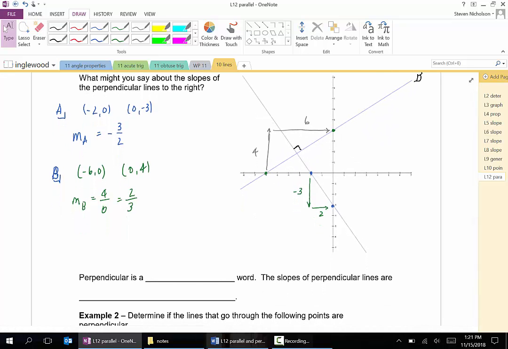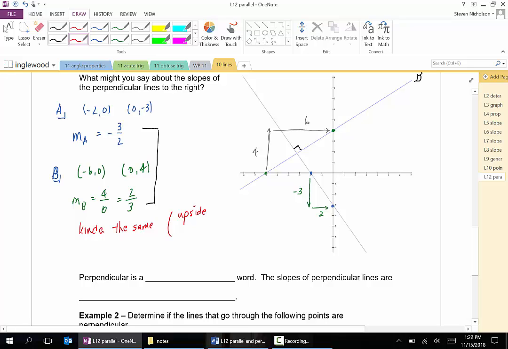Now look at these two numbers. Again, they're not equal, but there is something kind of funny happening. They look kind of the same. So make this note, they're kind of the same numbers, but they're upside down.